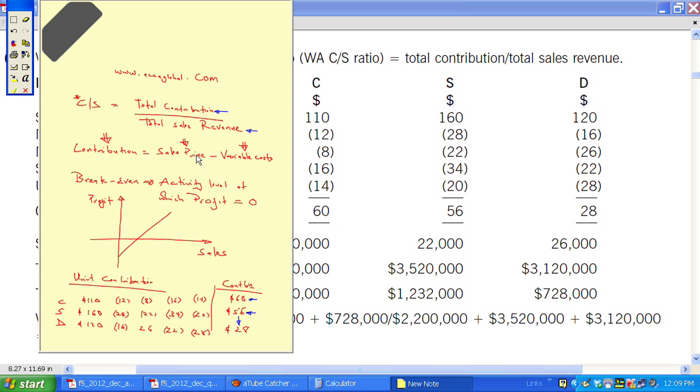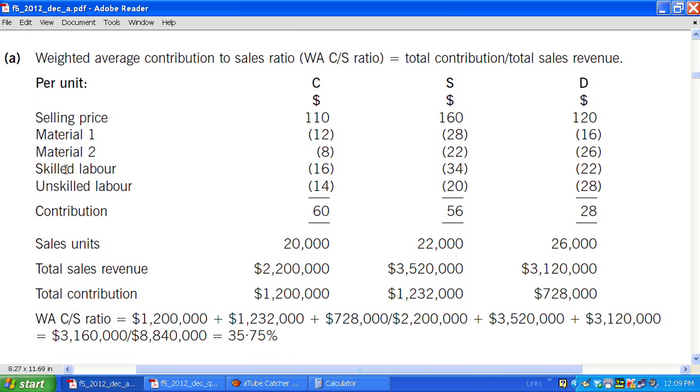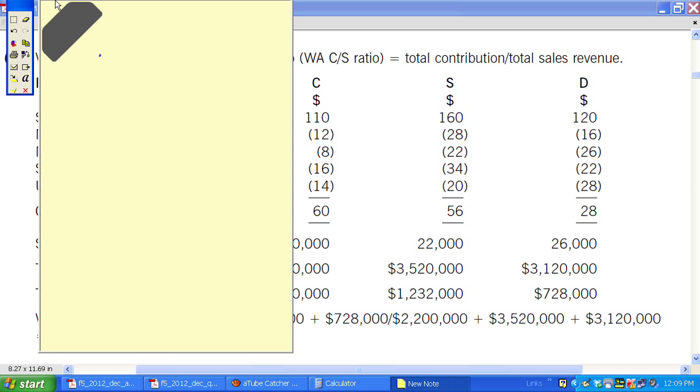This should be straightforward, but if you're not familiar, then you need to do some thorough revision to understand the key concepts. So right now we're going to find the total contribution.